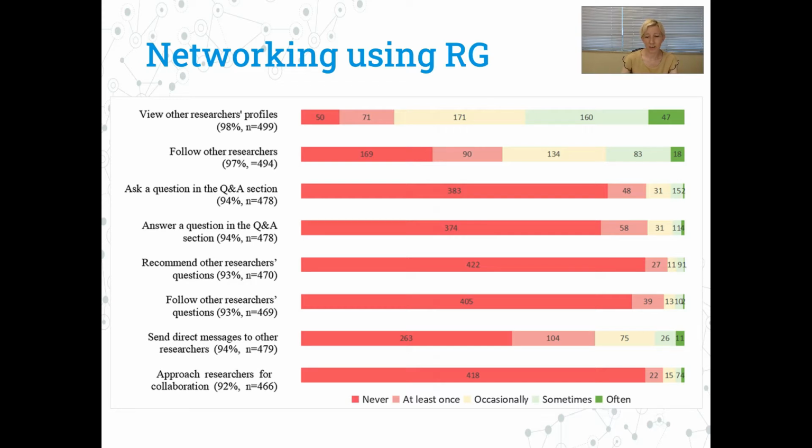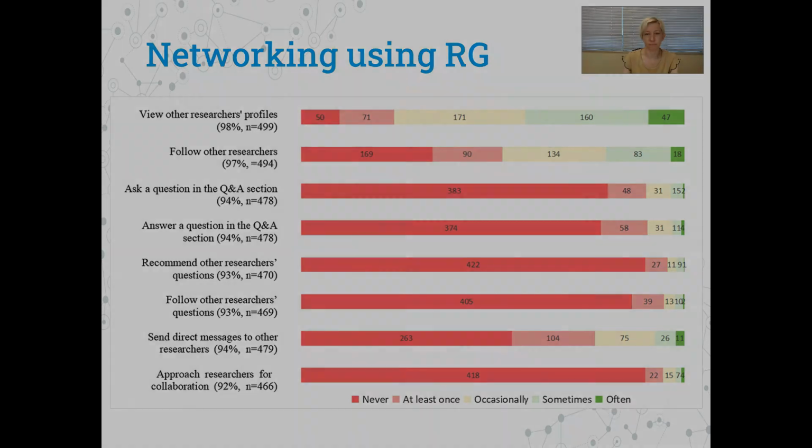But when we look at something like sending a direct message or approaching a researcher for collaboration, these are things that weren't done as frequently by the participants in our study. So in this video, I want to talk a little bit about being more active in networking using this platform.